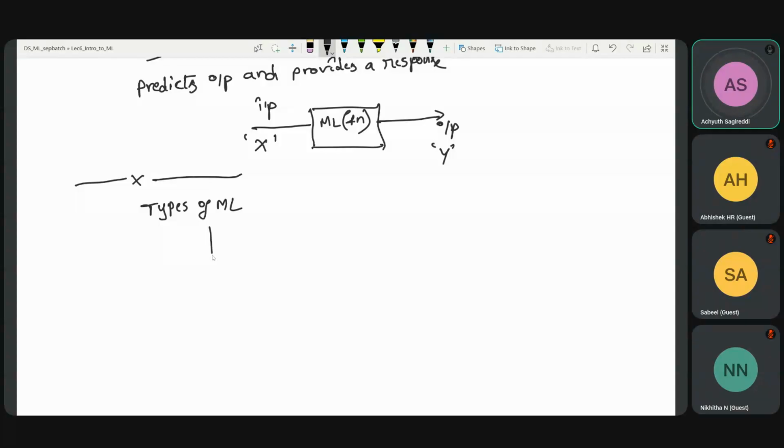there are mainly three types. First one is supervised machine learning, second one is unsupervised machine learning, and third one is reinforcement learning.